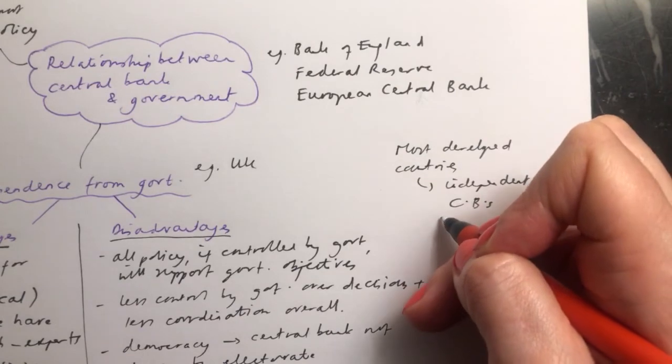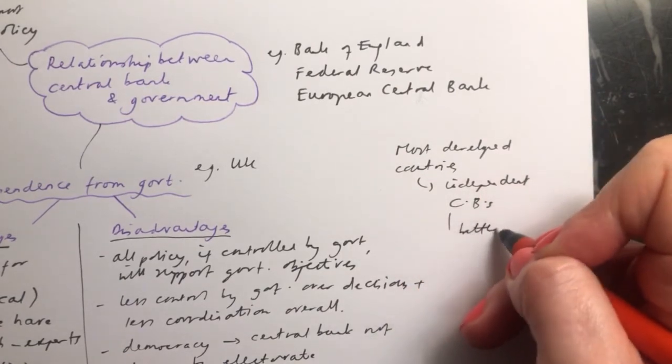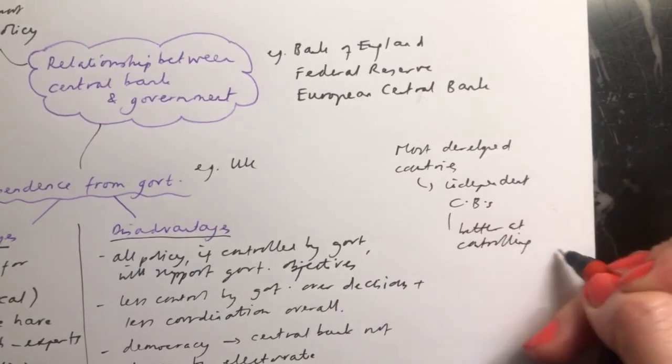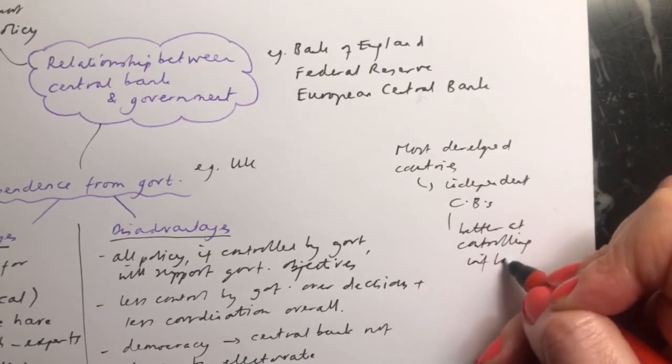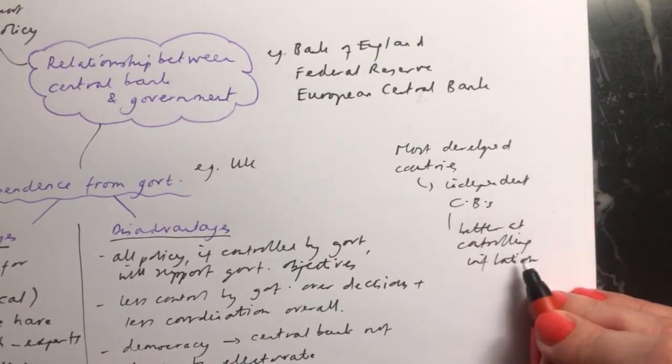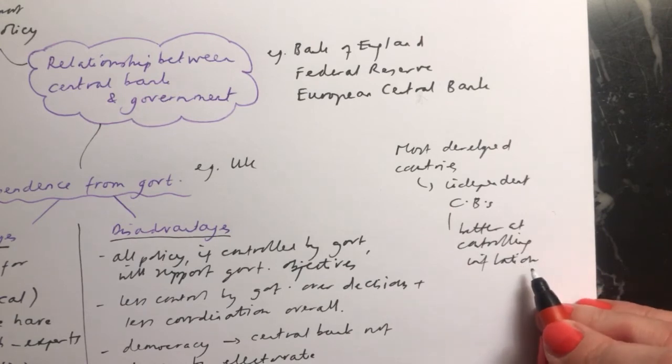Generally, these are better at controlling inflation. This is what data has shown over time, that if you have an independent central bank, you'll be able to control inflation much more effectively. This can be argued to be one of the significant benefits of having an independent central bank.